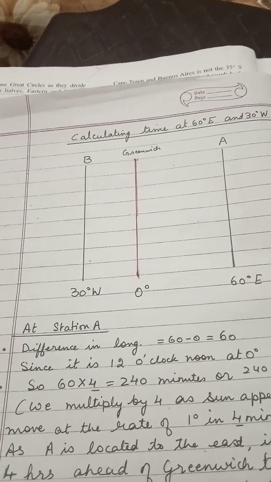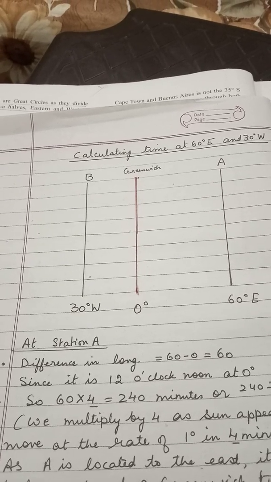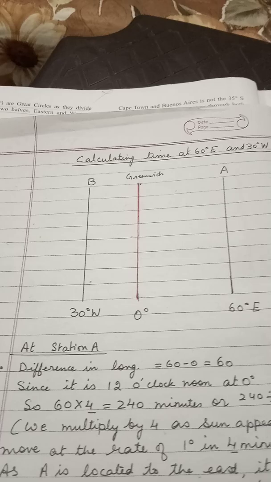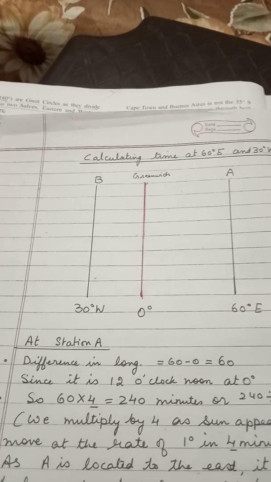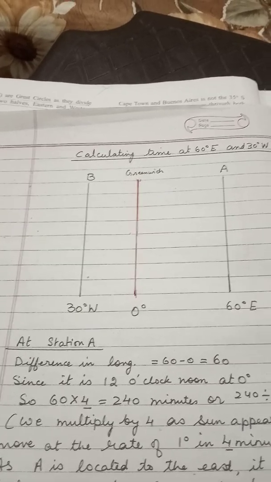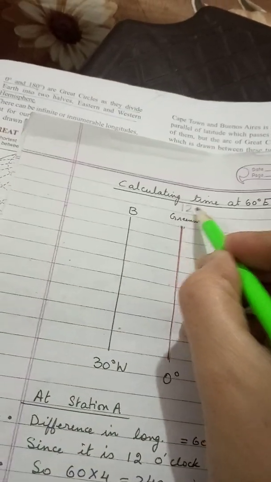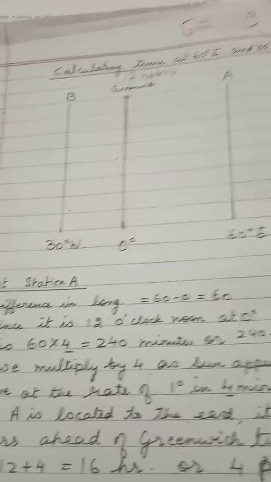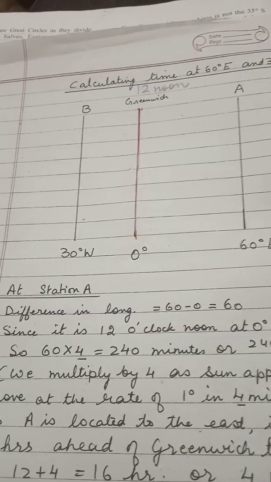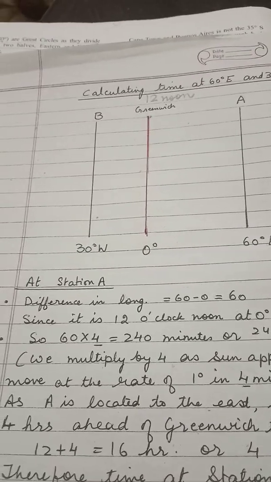At station A, you look at Greenwich 0 degrees, it is 12 noon over there. So what time will it be at station A? The difference in longitude will be 60 degrees, and since it is 12 noon at 0 degrees, we multiply 60 into 4.